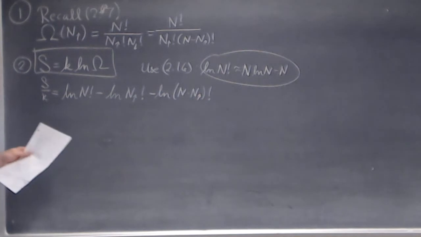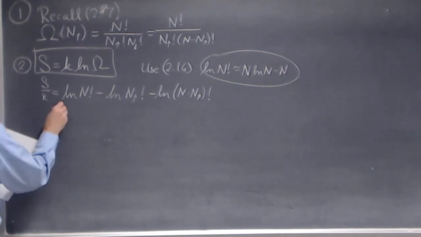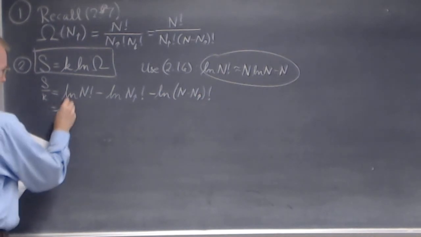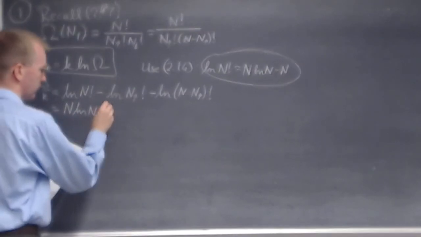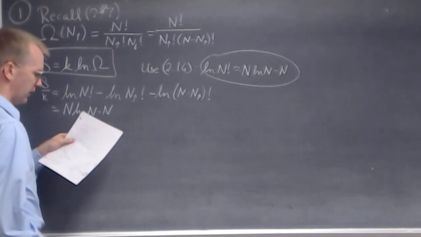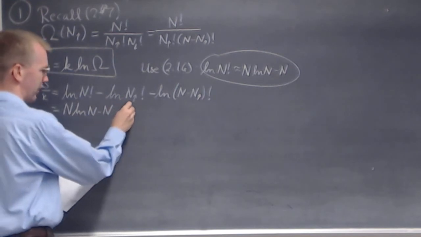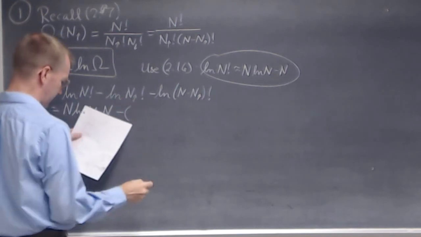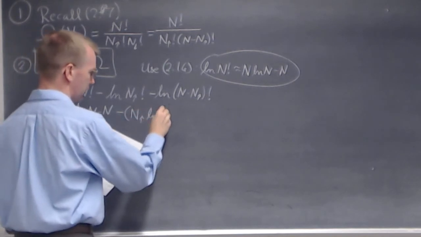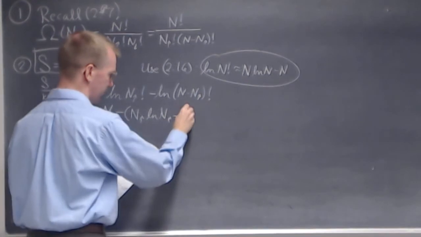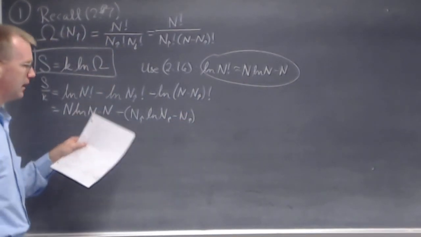All right, let's do that for each one of these here. First term, n log n minus n. Second term, we have the minus sign overall, so I'll put it in parentheses: n up log n up minus n up, all in parentheses.